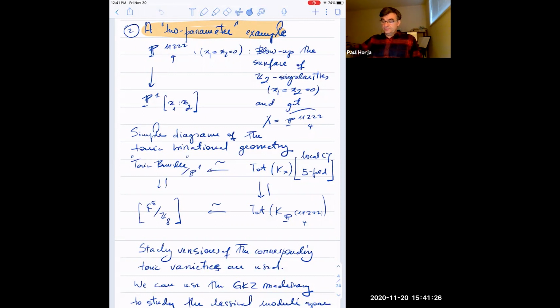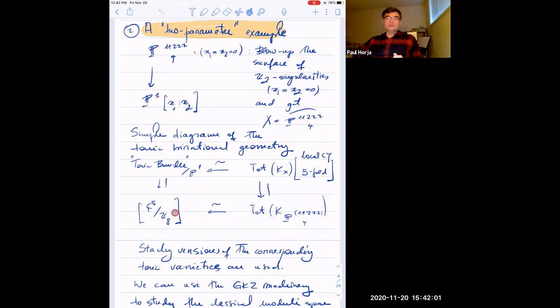Here is the total space of the canonical bundle on this fourfold. So that's going to be what's called the local Calabi-Yau. So it's a fivefold. Here is the total space of the actual weighted projective space, which turns out to be singular as a variety, but as I said, we're working in the world of Deligne-Mumford stacks.